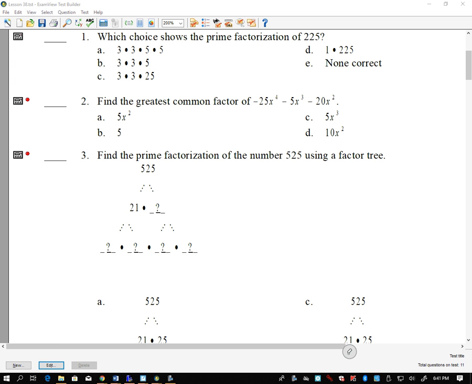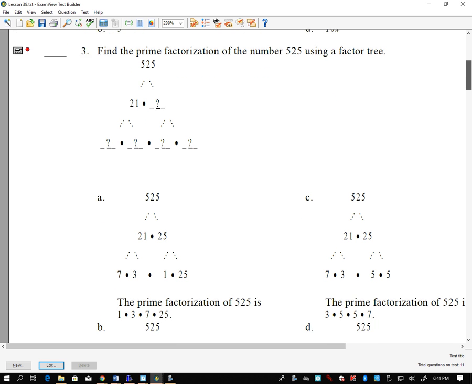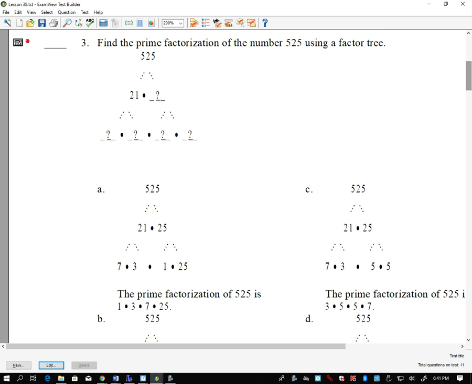Okay. All right. Number 3. Here, 525. If I want to know what's going to go next to this right here, I'm looking at taking 525 and dividing it by 21.